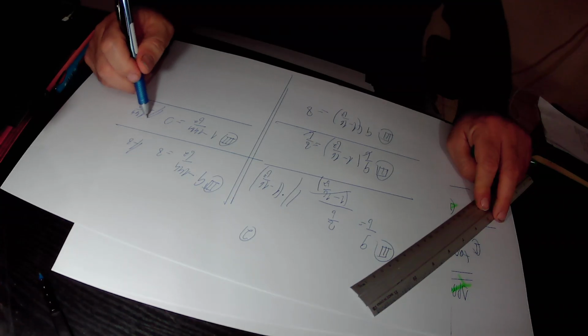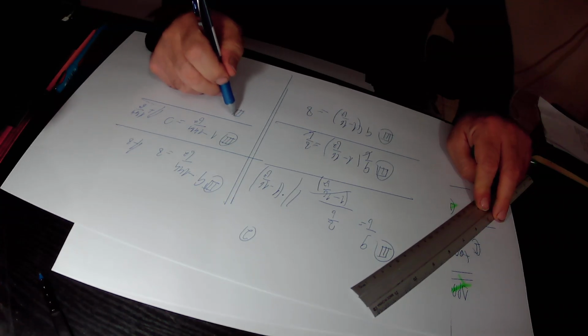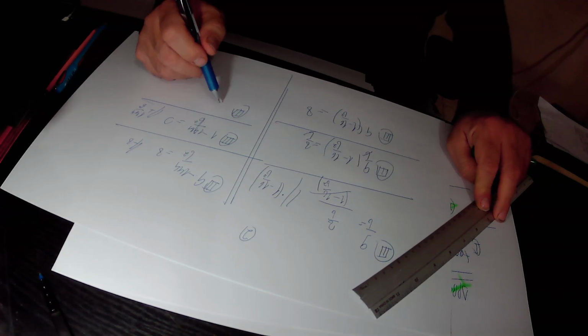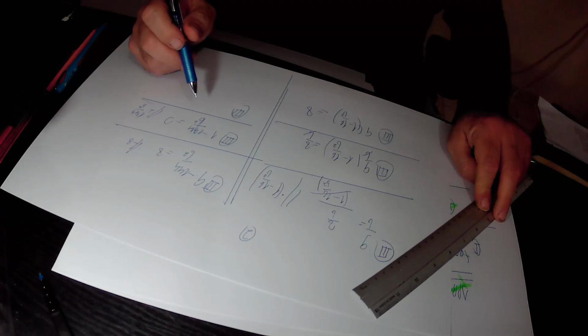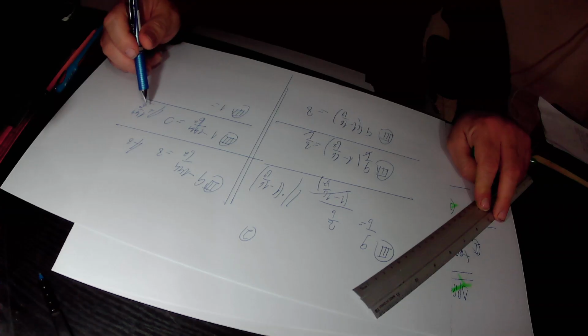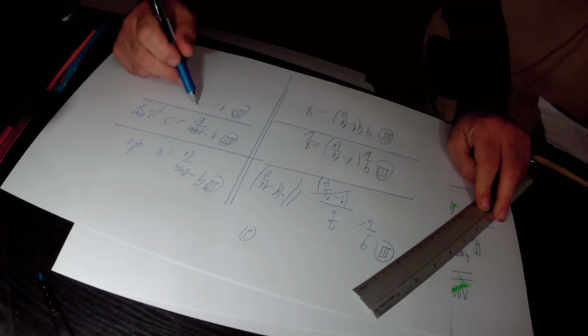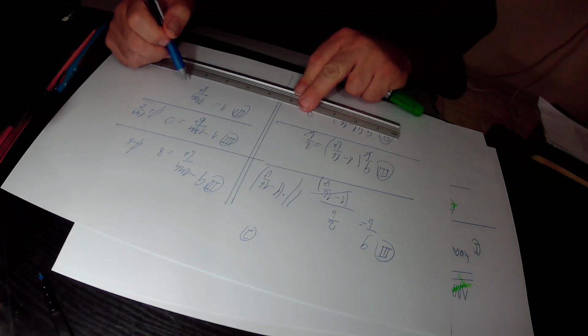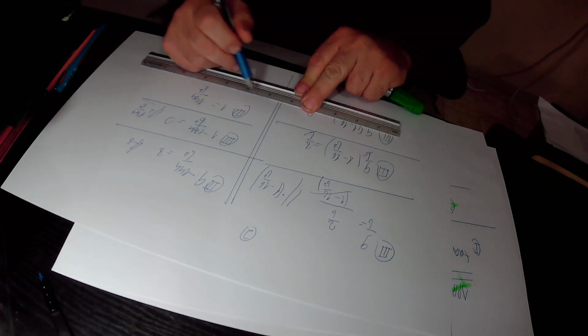Here we add 144 over b squared to both sides of equation 3. Minus 144 over b squared gets cancelled, so we are left with 1 equals 0 plus 144 over b squared, which equals 144 over b squared. So according to equation 3, 1 equals 144 over b squared.